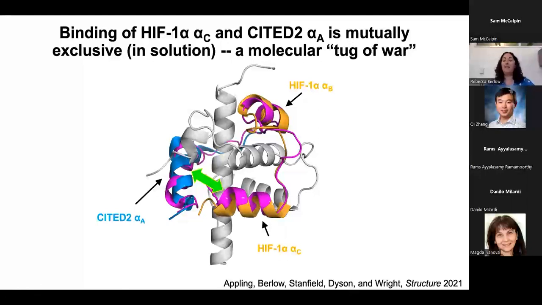And there's a molecular tug of war that's happening between these two motifs. What this tells us is that if CITED alpha A is bound, it disfavors binding of HIF alpha C. And so this could be really critical to understanding how CITED is able to drive the dissociation, or facilitate dissociation, of HIF from the TAZ1 complex.